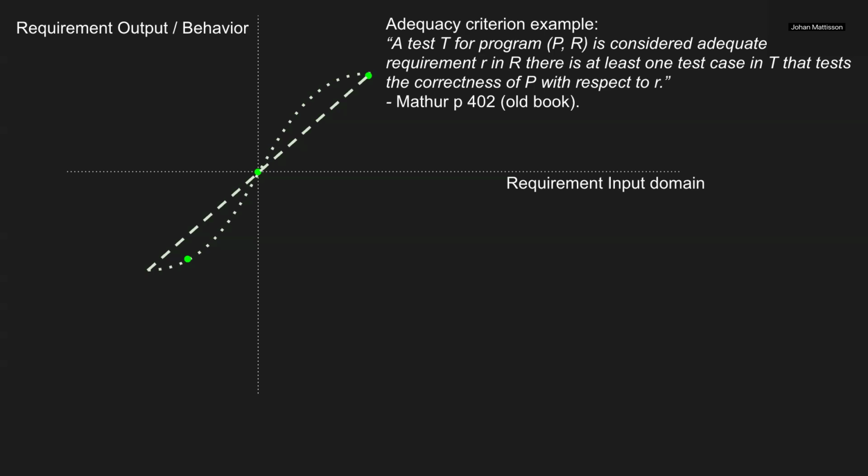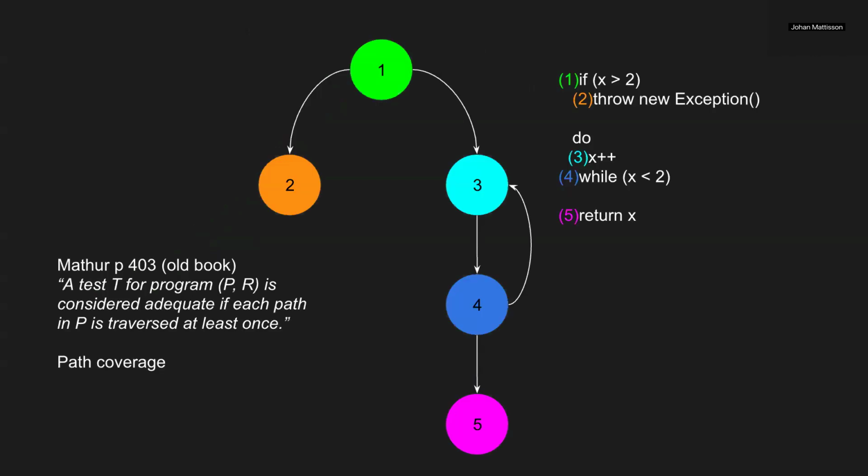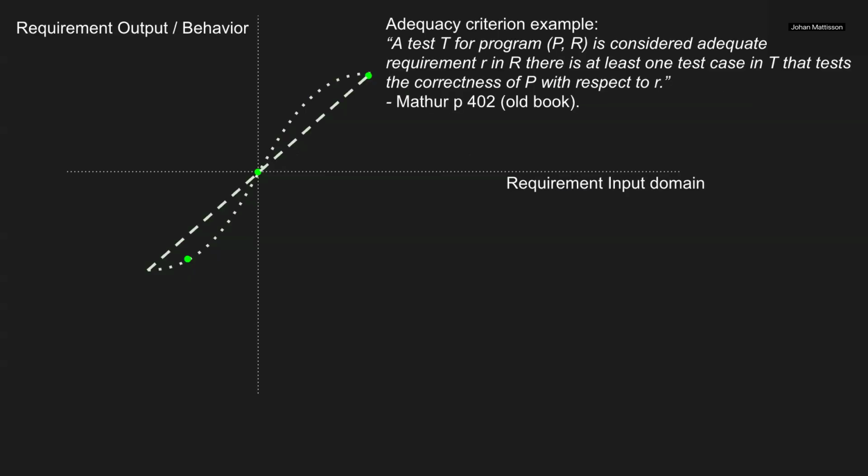So we look at the requirements, and basically at the inputs and outputs. This is the requirement coverage part, and it works best as black box testing. We don't know the inside of it.